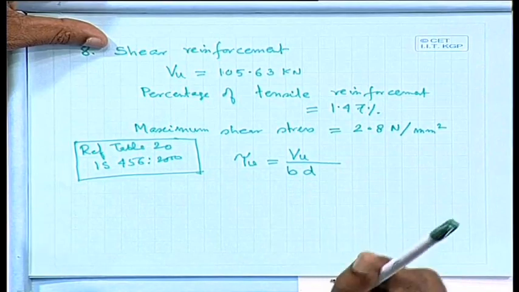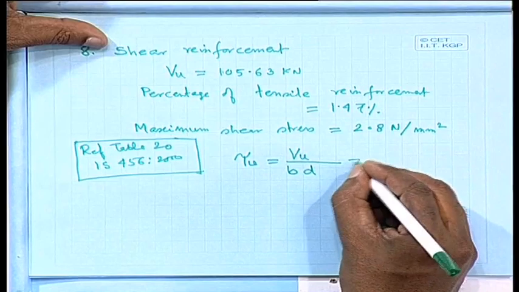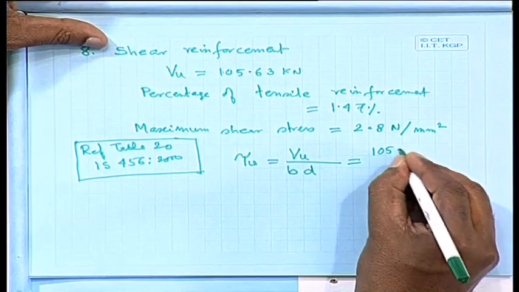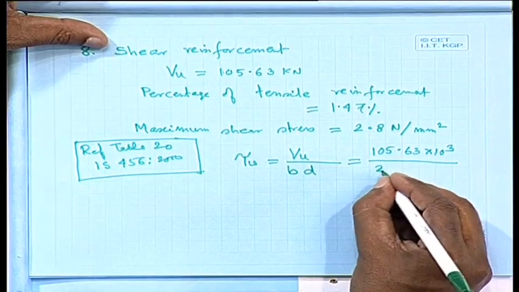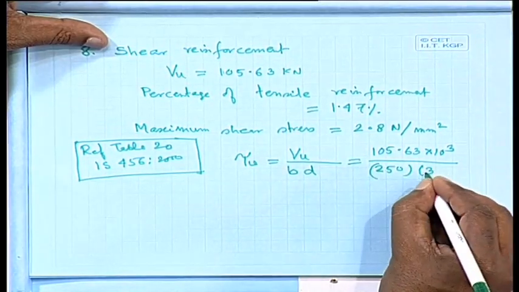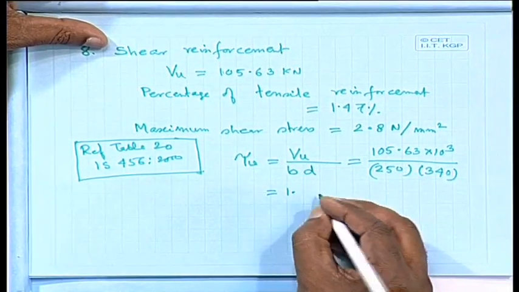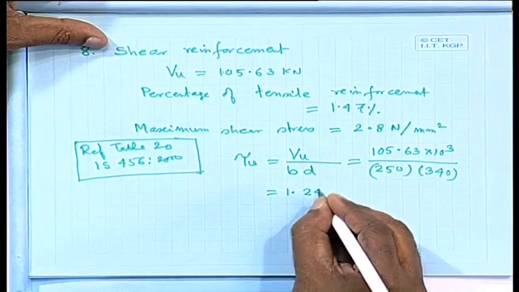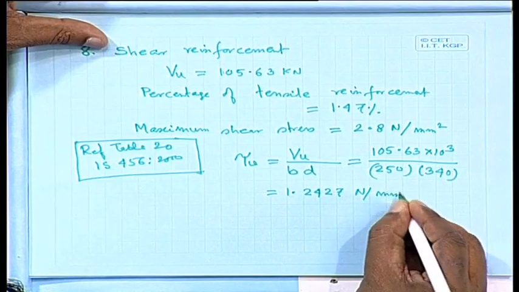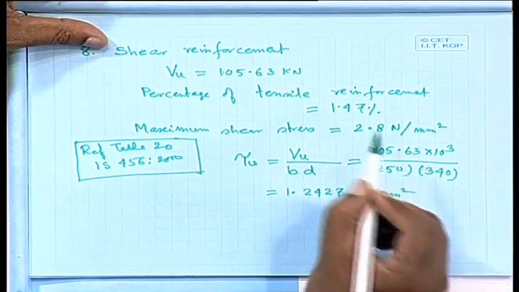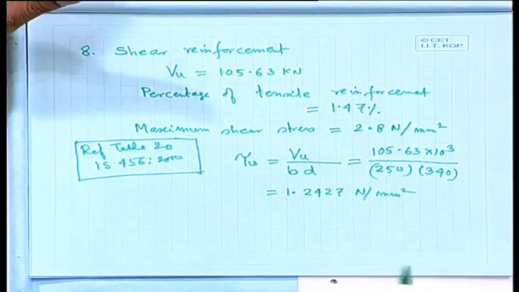Though we are talking about T beam, here you have to take B as the width of the web. Vu equals 105.63 into 10 to the power 3 divided by 250 times 340, and it comes as 1.2427 Newton per square millimeter. So, it is less than 2.8. So, no need of changing the section.